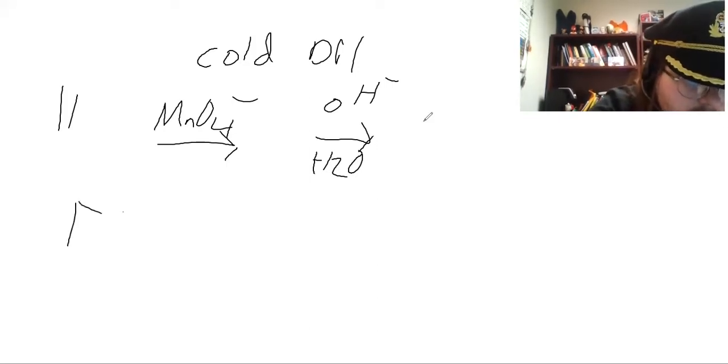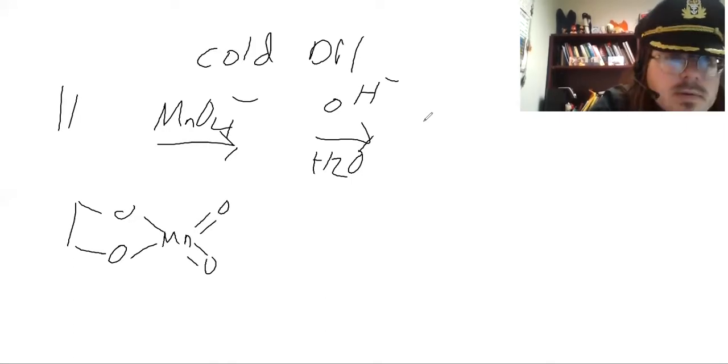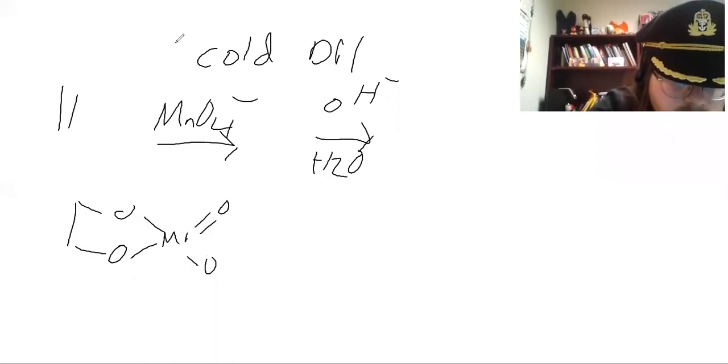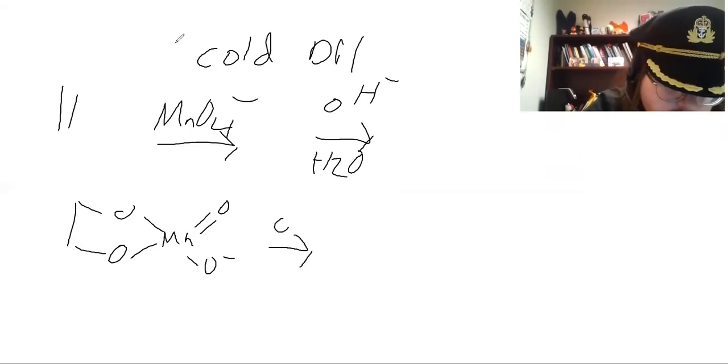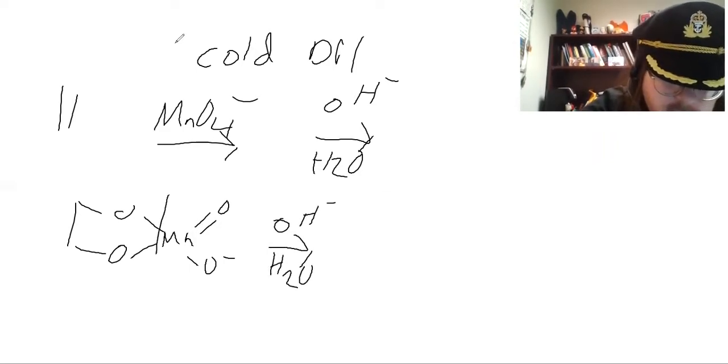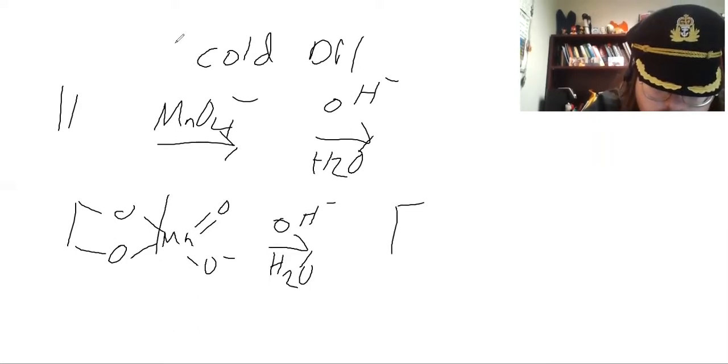You form your Mn, the same thing. Oh, not a double bond there. It's a single. Shoot. O minus. And then the hydroxide and the water help neutralize this and cleave that bond. So you have your syn addition of your alcohol and MnO2.